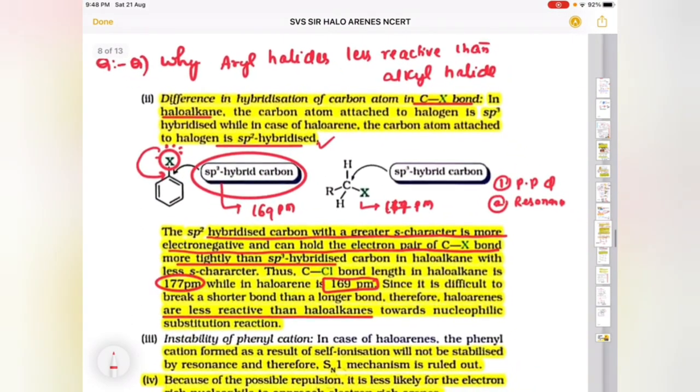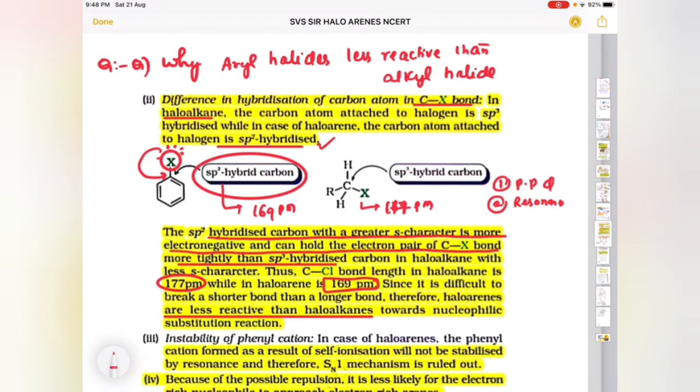So one important question is there: why are aryl halides less reactive? We know the hybridization: in haloalkanes, sp3 is the hybridization, whereas in aryl halides, sp2 is the hybridization.